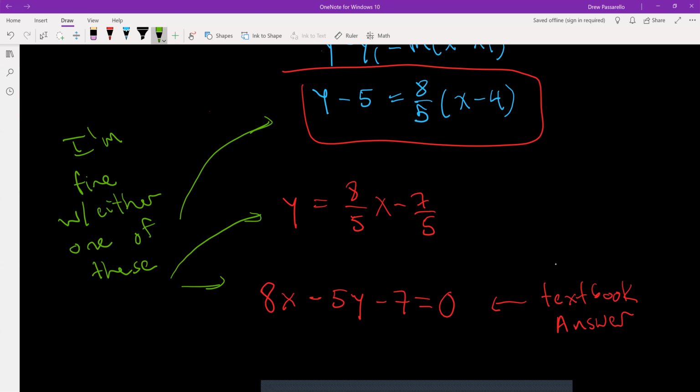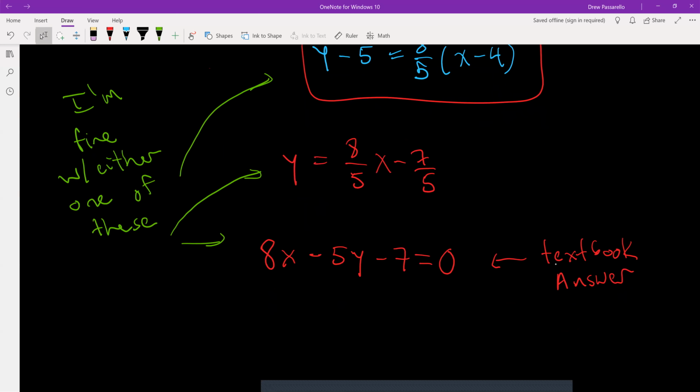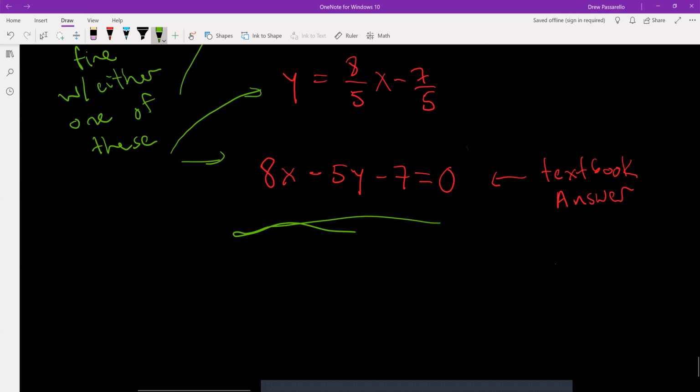Which one you feel more comfortable with, that's fine. Know that for the textbook, sometimes their answer might look like this, and that's the general form. And notice I have 8, -5, and -7. They use whole numbers. So they have it as ax plus by plus c, and a, b, and c are whole numbers.